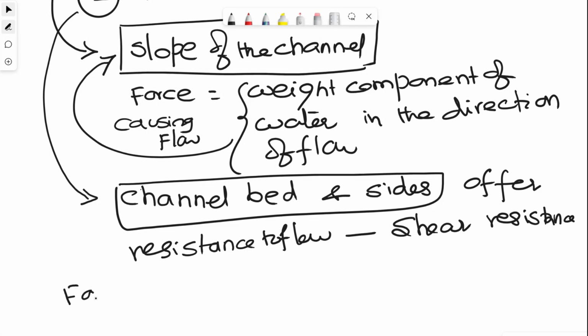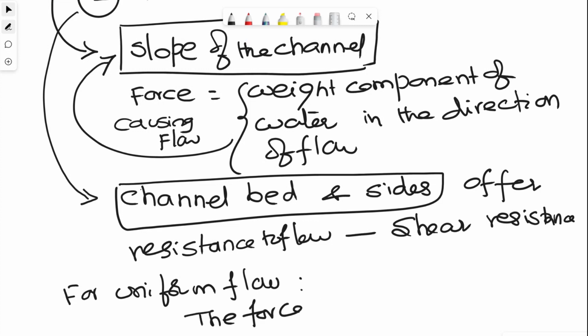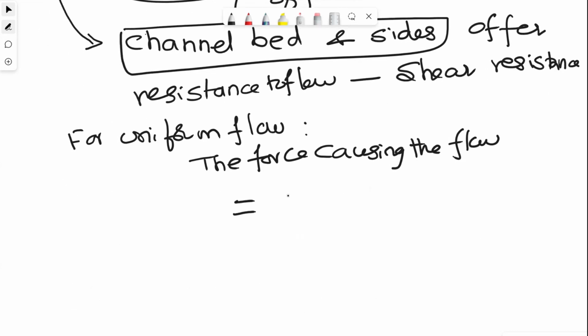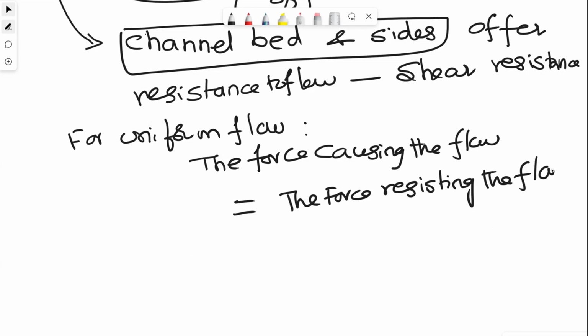And for uniform flow, the force causing the flow should be equal to the force resisting flow. Then naturally the flow will be uniform. This is what we want to tell.